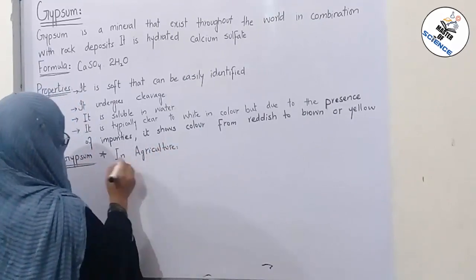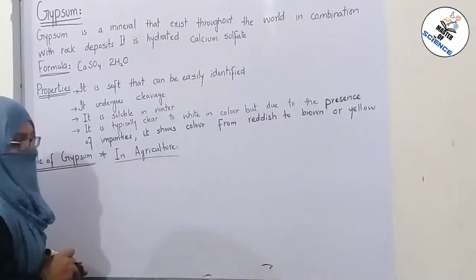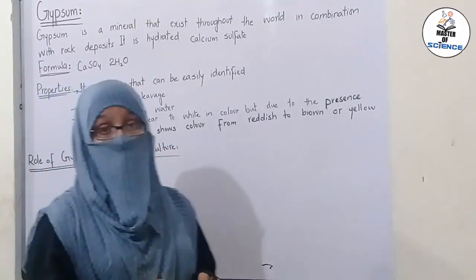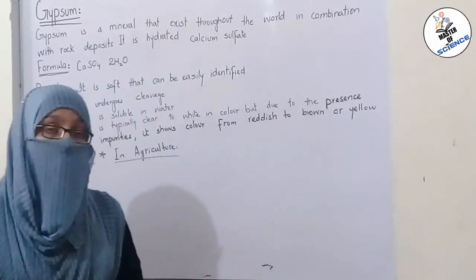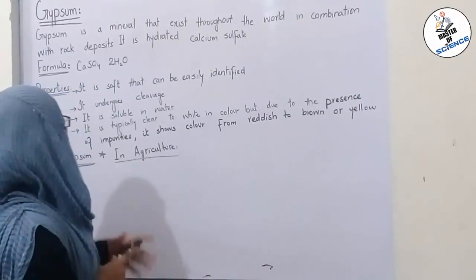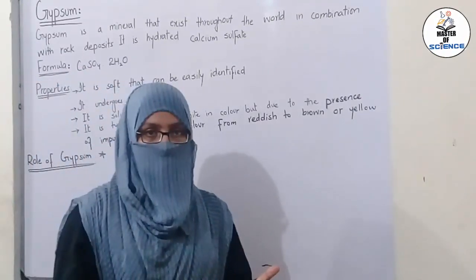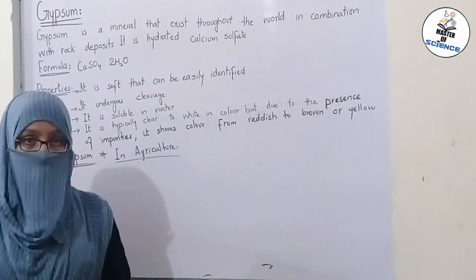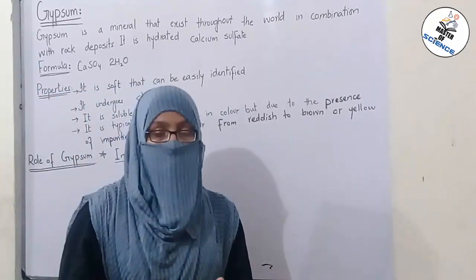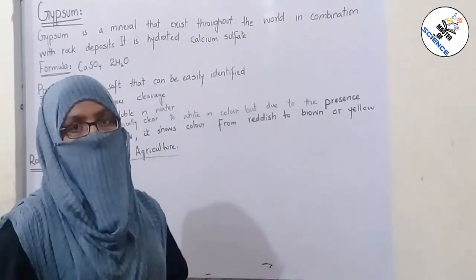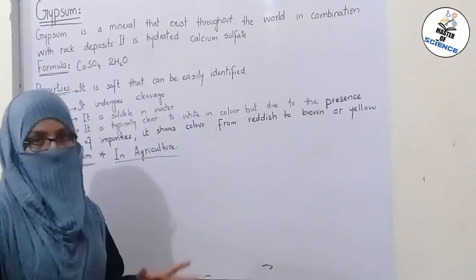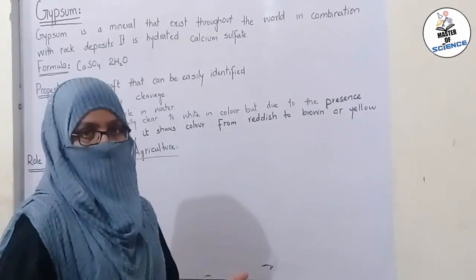This gypsum is added in the form of fertilizers to soils. Why is it added to soils? Because it contains calcium and sulfur. So those lands where deficiency of calcium or sulfur occurs are subjected to the addition of gypsum fertilizer to meet this deficiency.